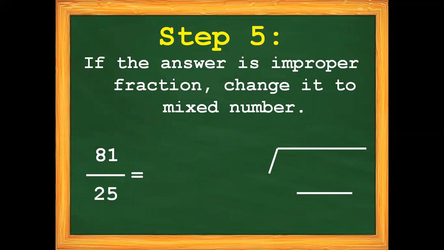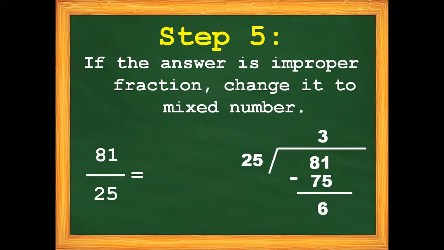So 81 over 25. So 81 divided by 25, the answer is 3. 3 times 25, the answer is 75. 81 minus 75, the answer is 6.